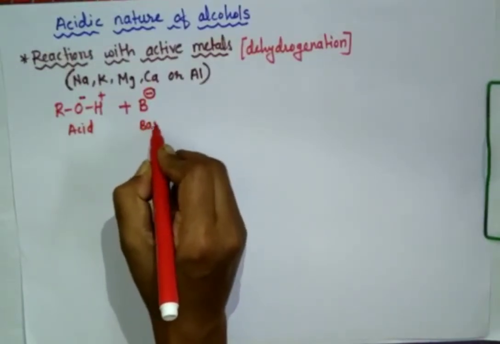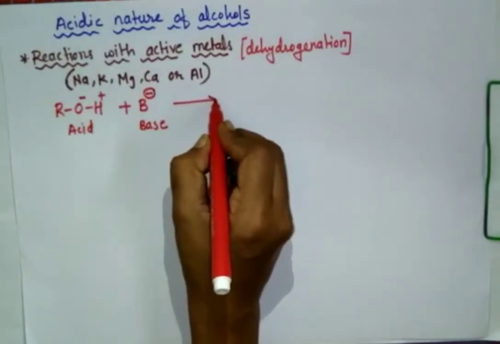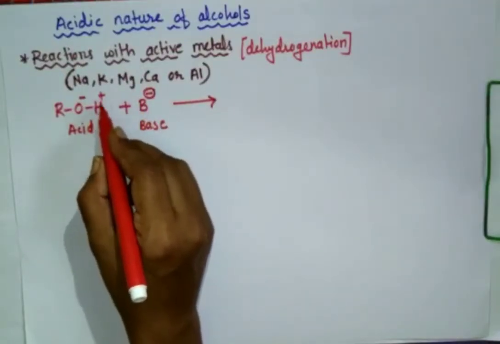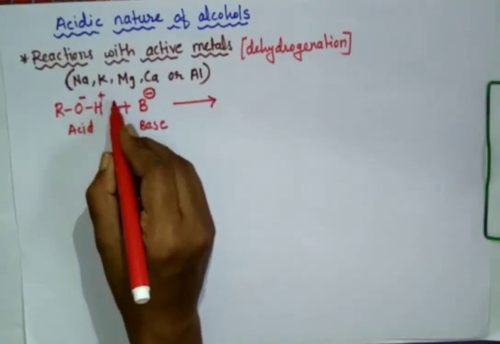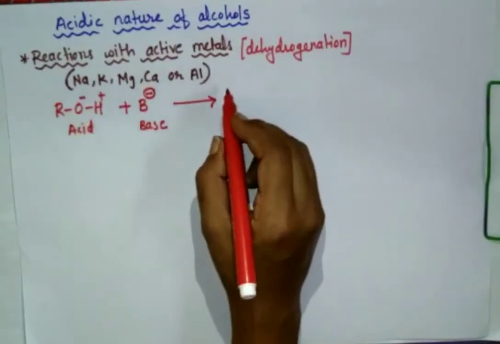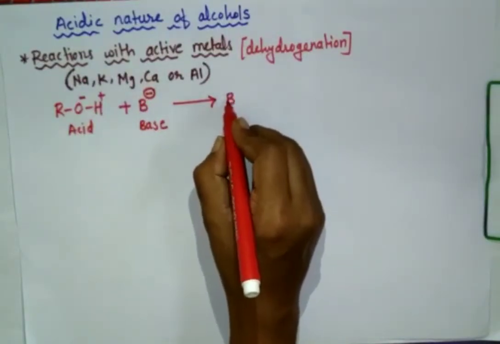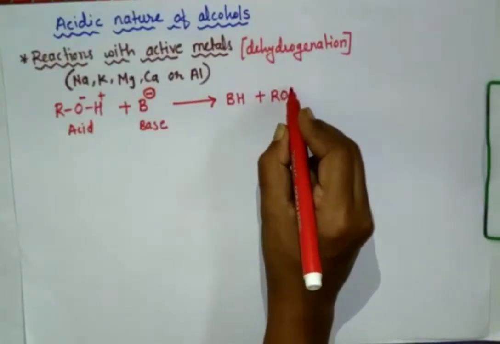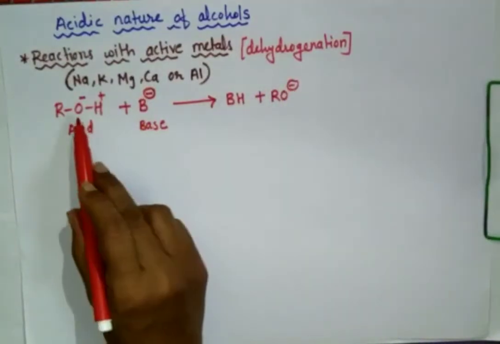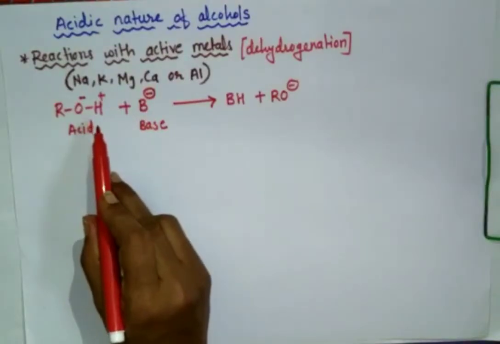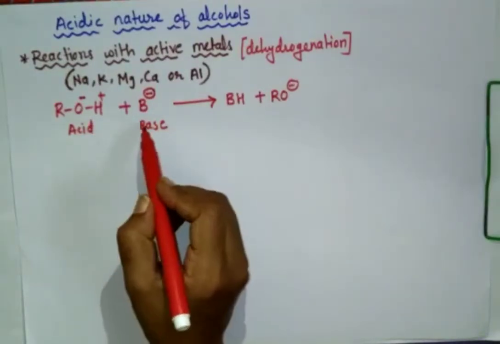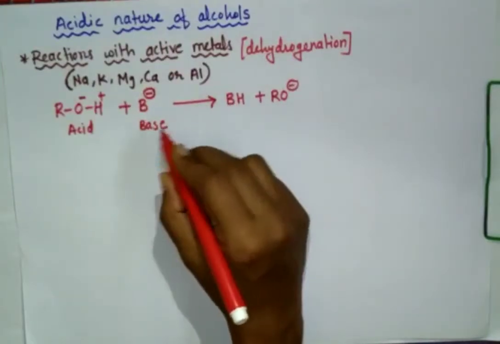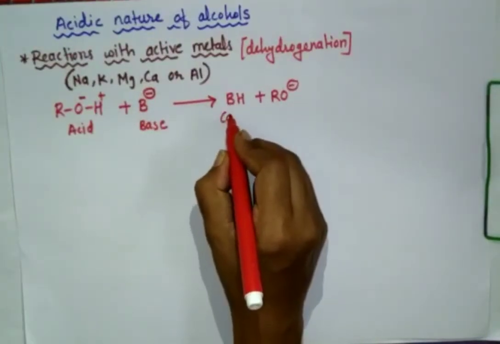When it reacts with the base, the base will abstract the proton from this alcohol, and there is formation of BH and RO minus here. So this is a breaking of the OH bond. It shows acidic character, and this is the acid, and this is the base.